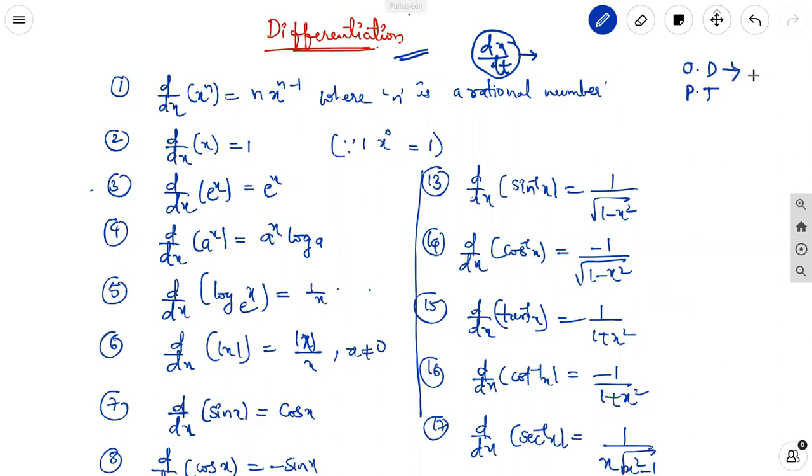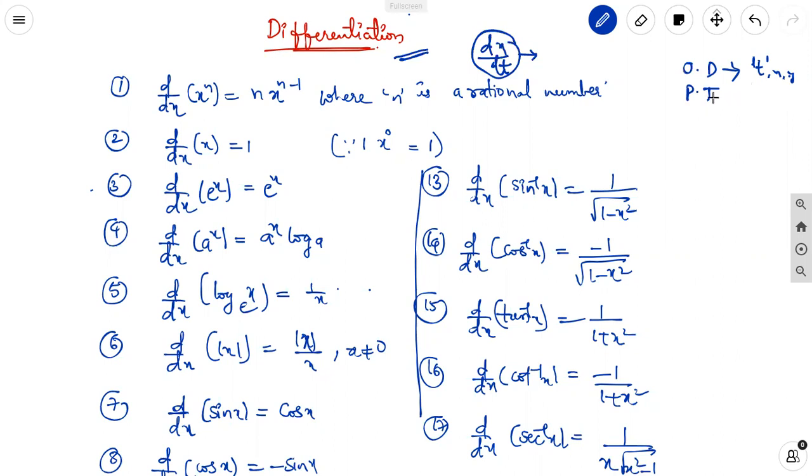In ordinary differentiation, we are differentiating with respect to one variable, that is any variable t, x, y, whatever. The function can be expressed in a variable, and we differentiate with respect to that variable.